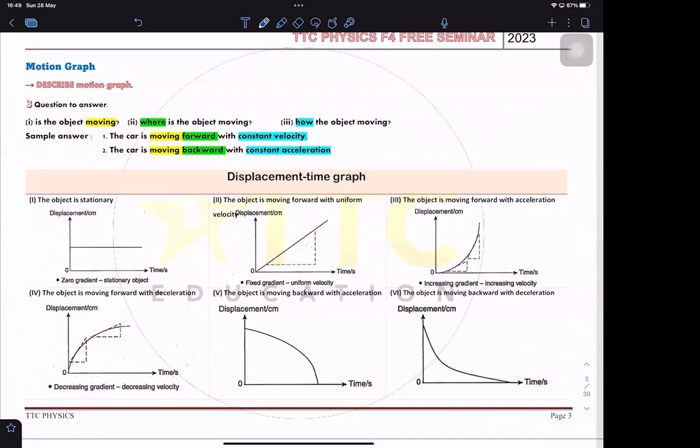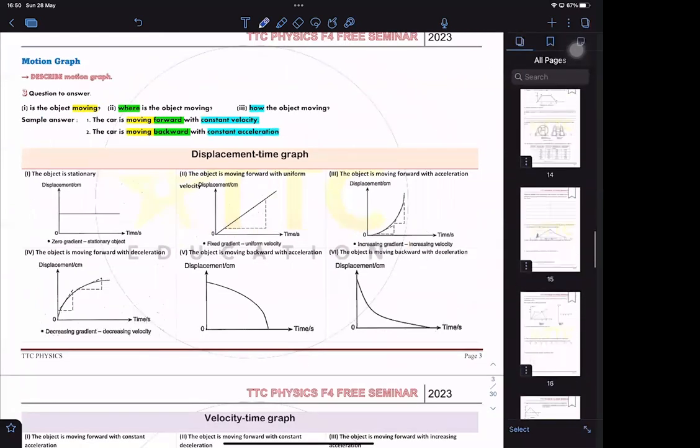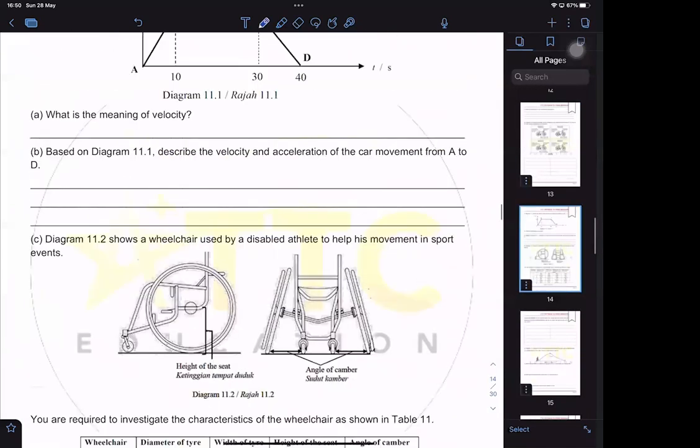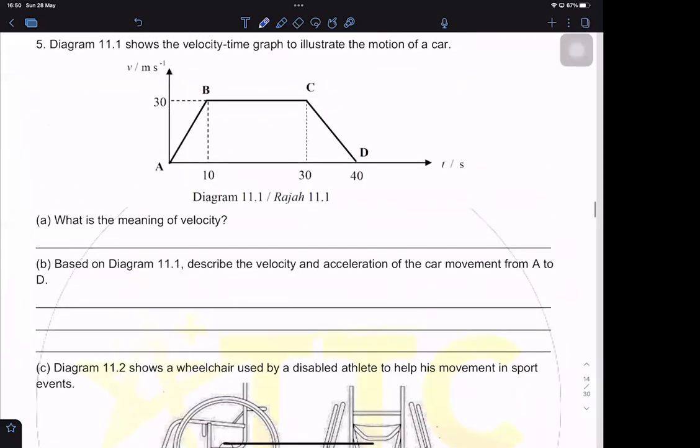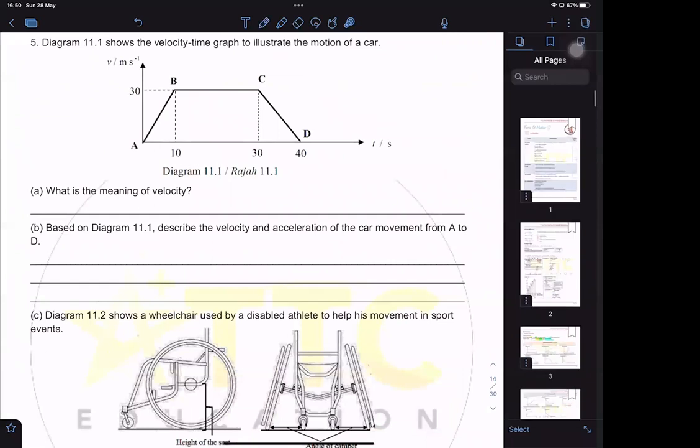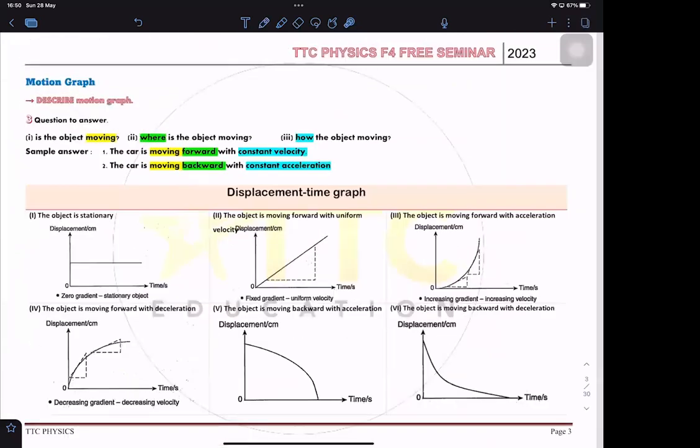So you need to know how to describe the motion graph. For example, you see this question here, they'll say, describe the velocity and the acceleration of the car when moving from here. Whenever you describe a motion graph, you have to have three things. Is the object moving or not? If stationary, then stationary. If moving, then you have to write the word moving.